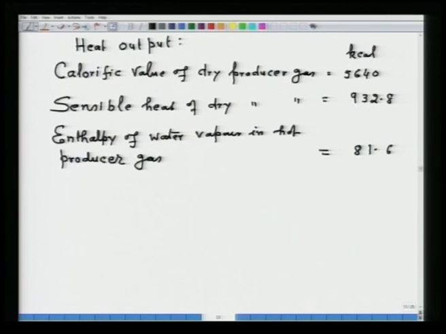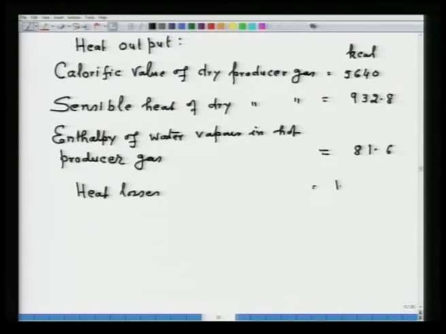If we sum the total and subtract it from the heat input, the rest we term as the heat losses. Here I am ignoring the sensible heat of inerts because of the very small amount. So, the heat losses by subtraction come out to be equal to 1087.85 kilocalorie.